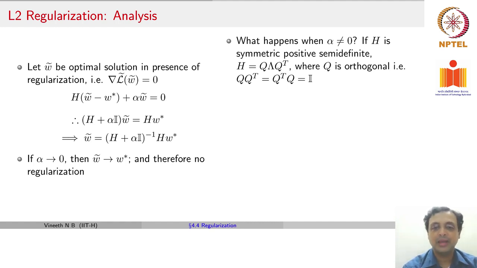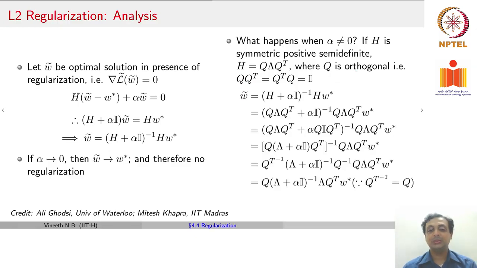In such a scenario, H can be decomposed as Q lambda Q transpose, where Q is an orthogonal matrix. Q transpose Q is equal to I. This should also tell you here that Q transpose is equal to Q inverse. Right? That's the only way you will be able to write it this way.